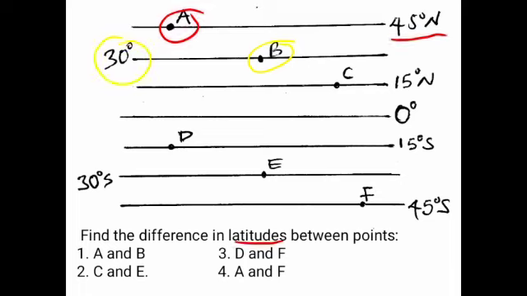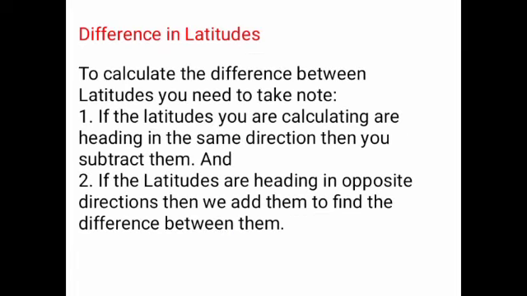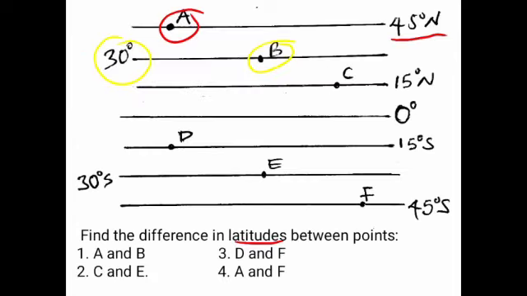So how do we get the difference? It's a simple process. Remember, we said that if we are calculating the difference in latitudes, and we discover that they're heading in the same direction, then we only need to subtract them to find the difference. So that's what we are going to do.